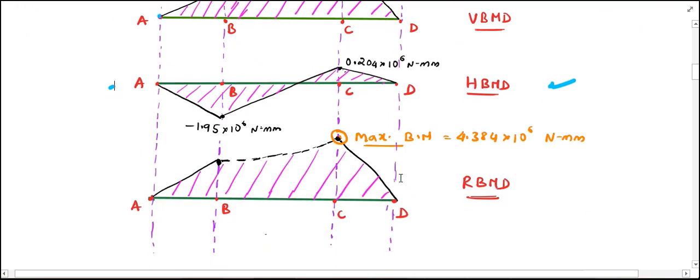Finally we will draw the resultant bending moment diagram. At B the resultant bending moment value is 3.076 into 10 power 6, and the maximum bending moment at C is 4.384 into 10 raised to 6 Newton mm. So that is your maximum bending moment.